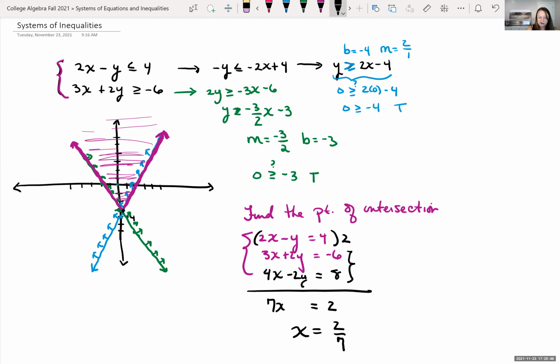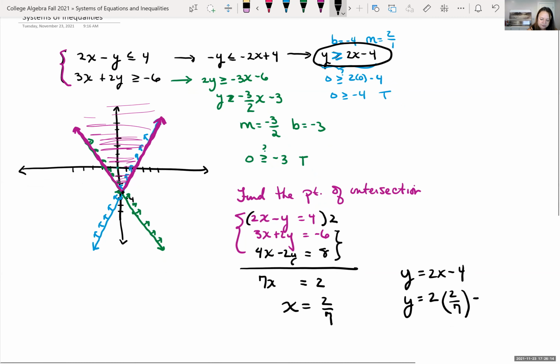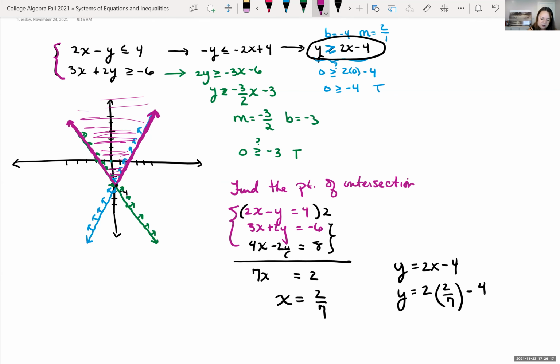To find the y value of the point, we want to plug that value in for x and solve for y. We actually did some work over here where we had gotten y by itself. So we could plug it into this, y is equal to 2x minus 4. So y is equal to 2 times x, which is 2/7, minus 4. I'm going to need a common denominator, which is going to be 7. So let's multiply that negative 4 by 7 over 7.